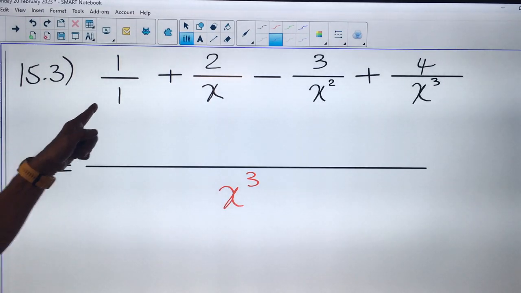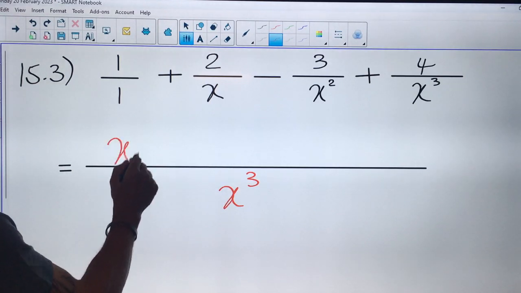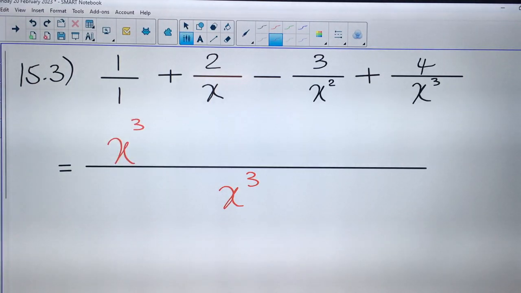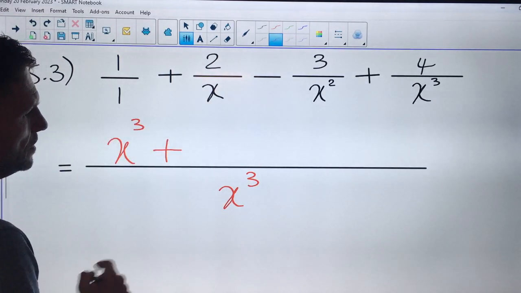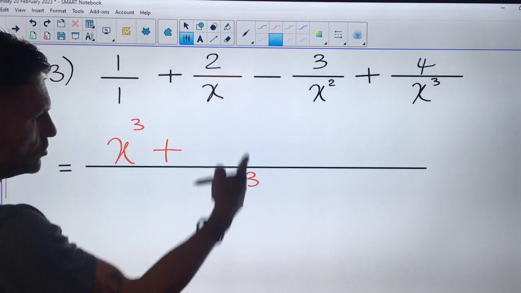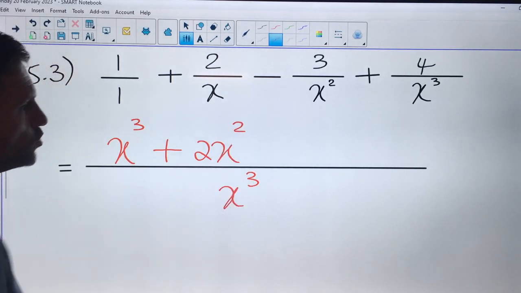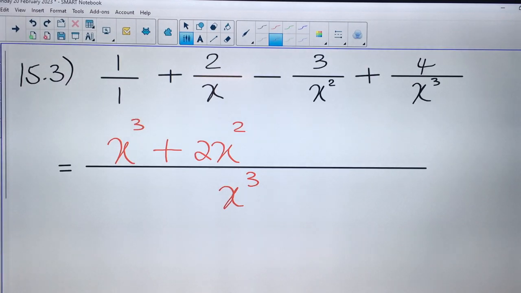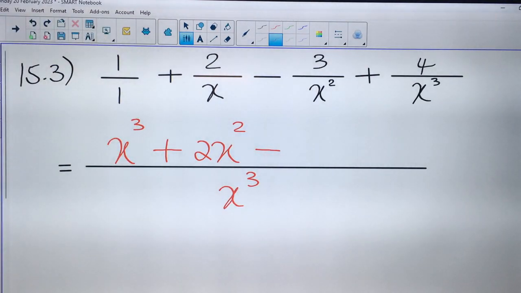So in order to change 1, check, to x to the power of 3, I have to multiply by x to the power of 3. What do we have to do with this one? Multiply by what? 1, how many x's do I still short here? 2, so that means 2x squared. How many do we short there? 1, sir.